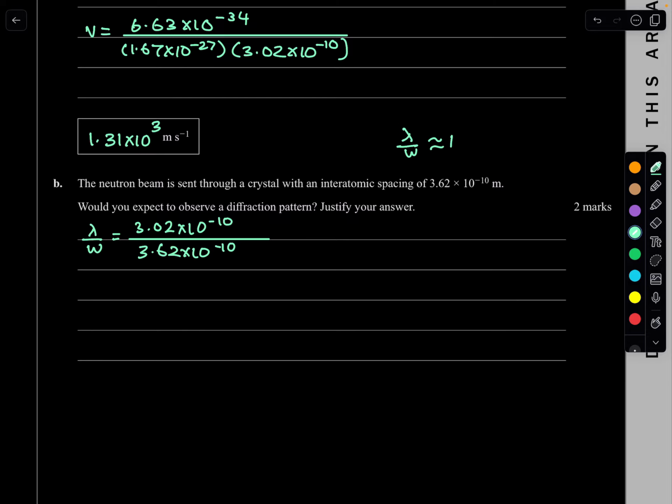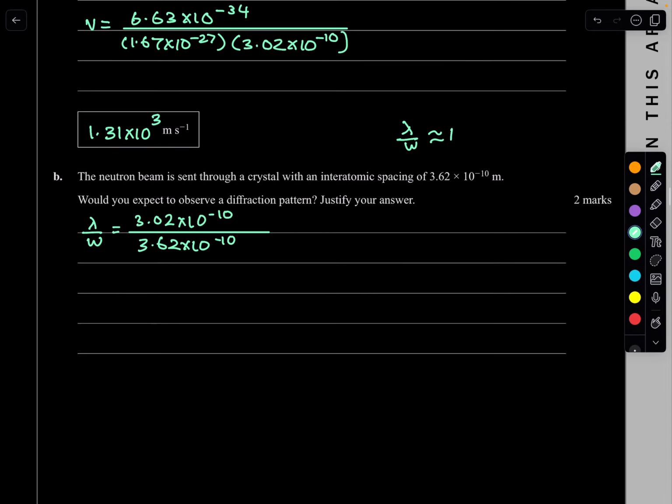That gives me 0.834. Now, this may seem small, but it's actually close to 1. Normally, when diffraction doesn't happen or is insignificant, the ratio is something like 0.01. But here it's close to 1, so there will be some diffraction, and you would expect an actual diffraction pattern to happen here.